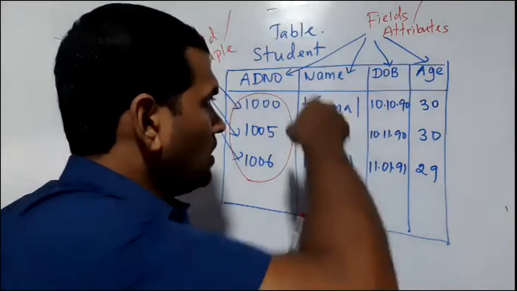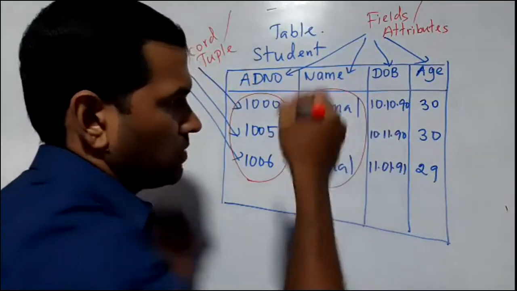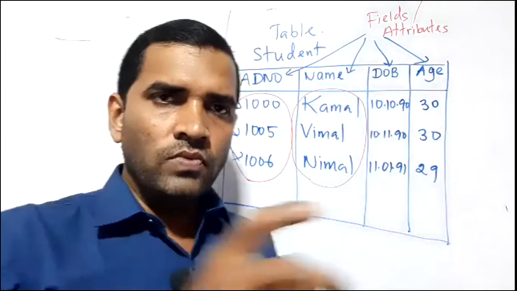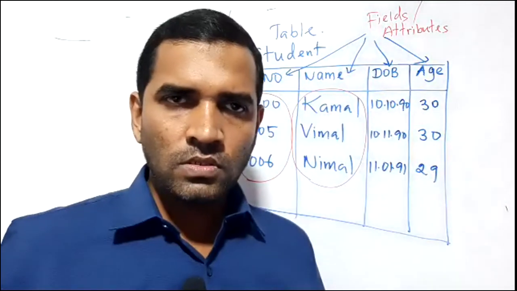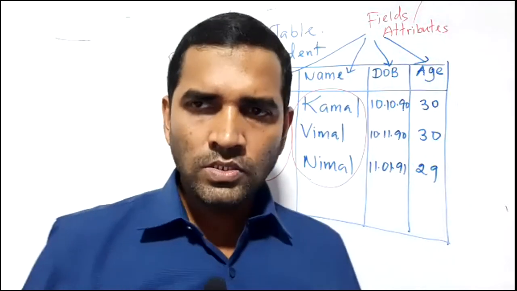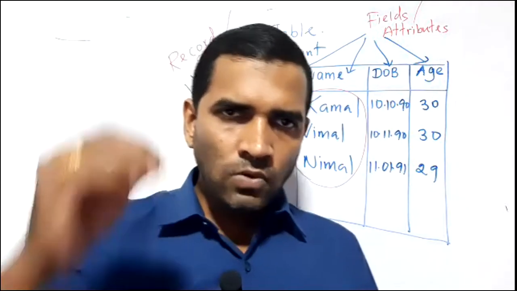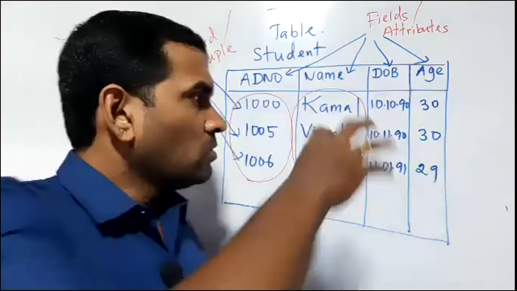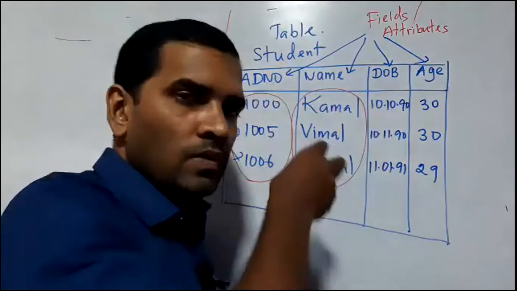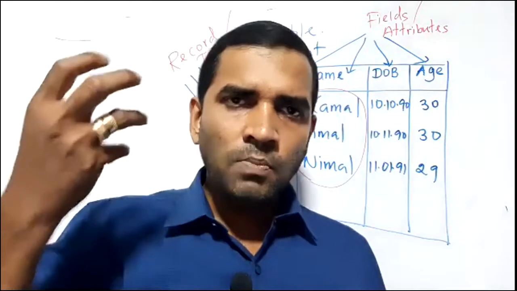But look at the second field, name. It has the data Kamal, Vimal, Nimal. These data are not numbers. They are pure text. It may be English or Tamil or whatever language, it doesn't matter. Language is not the barrier here. Before that, I should mention one thing: in every field you have data which exists in a particular type.